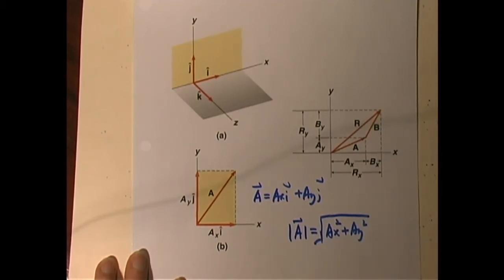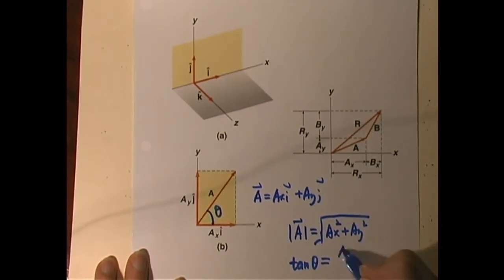If we have i, j, k, then we have the square root of Ax squared plus Ay squared plus Az squared. That gives the magnitude. This angle theta, obviously we can do tangent theta equals Ay divided by Ax. We do arctangent, we find the angle.